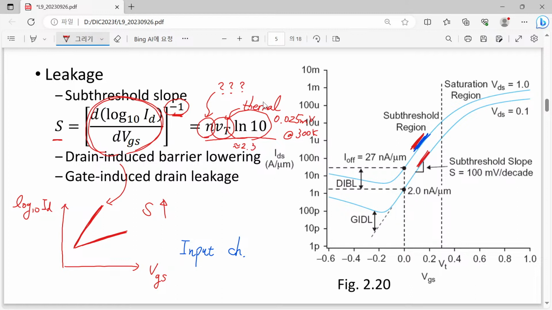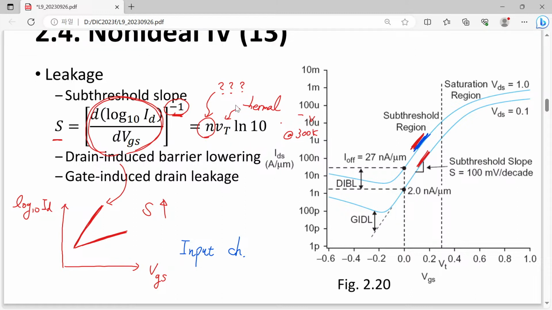Combining the thermal voltage and log 10, since log 10 is just a number and the thermal voltage is a voltage, their product is still a voltage, approximately 60 millivolts.